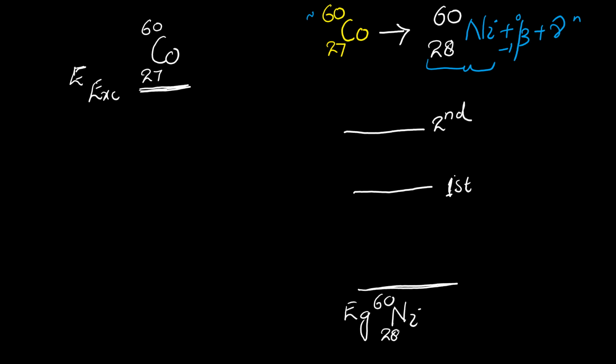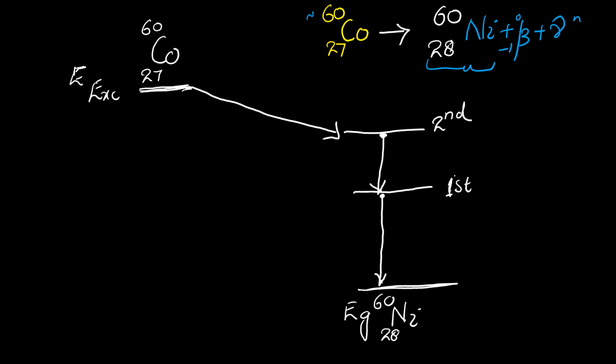Now when cobalt in an excited state goes through beta decay, it produces a nickel nuclei, and these nickel nuclei will prefer to go to the second excited energy state. Then the nickel nuclei in the second excited energy state will go to the first excited energy state, and then, to get stability, from the first excited state the nickel nuclei will go to the ground state.